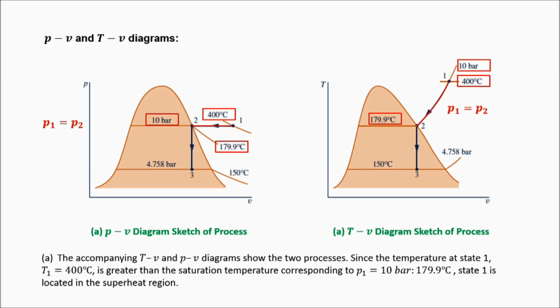Note that the specific volume and the temperature both decrease during the process. The process from 2 to 3 is a cooling at constant volume, hence V2 is equal to V3, represented by a vertical line on both the PV diagram and the TV diagram until we reach state 3 at a final temperature T3 equal to 150 degrees C.